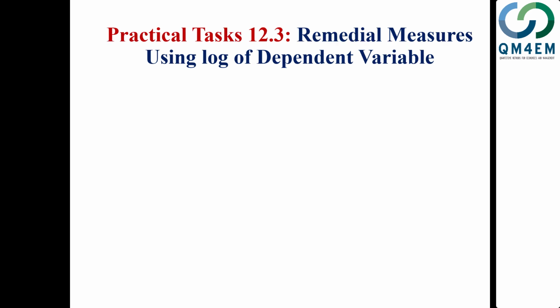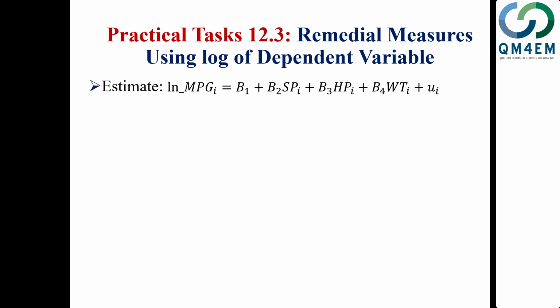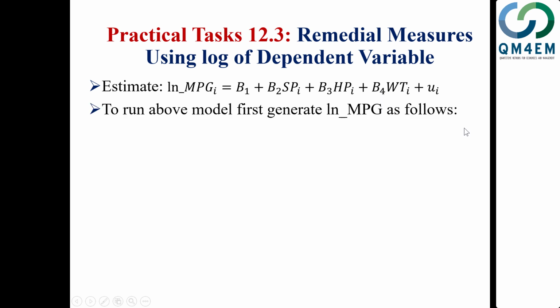Now what you have to do is run this model, ln of mileage per gallon regressed on the other explanatory variables. This is a slightly different transformation, and an easy one. You just transform the dependent variable.